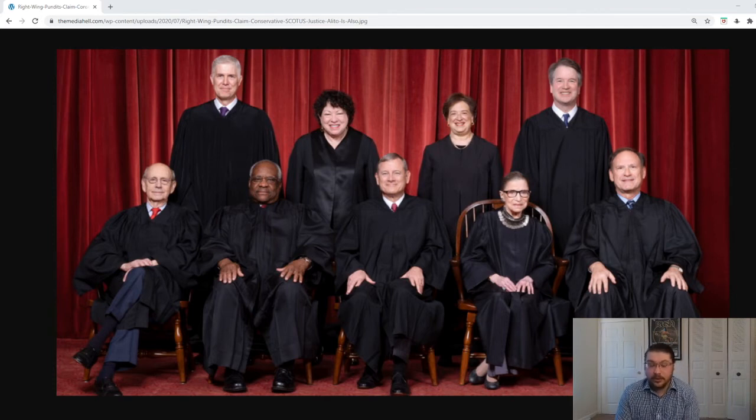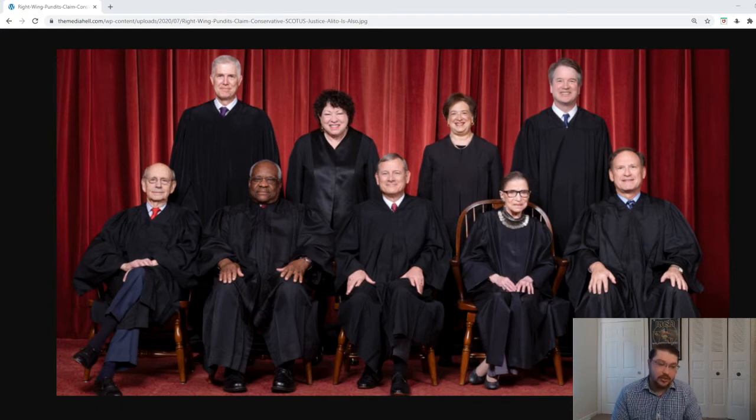For example, originalism can refer to the original meaning, it can refer to the original intent, or it can refer to the original text. And they all are slightly different in their nuance.